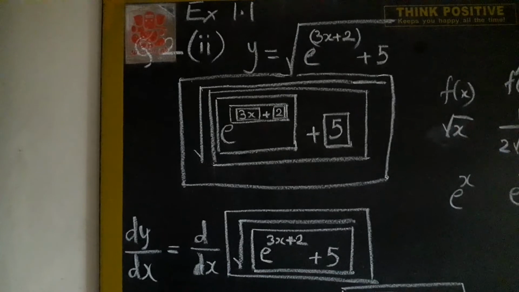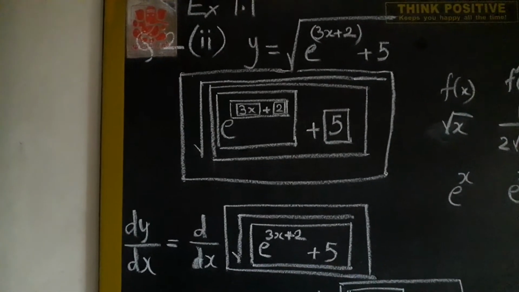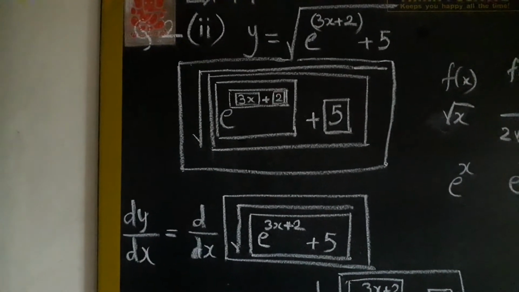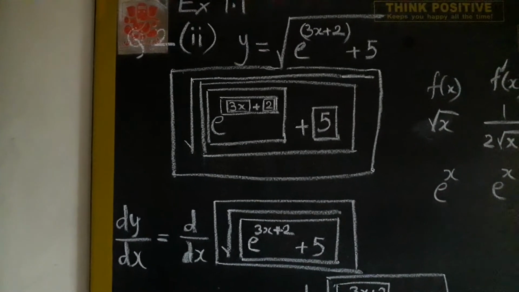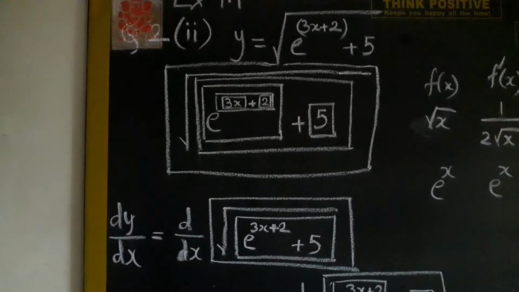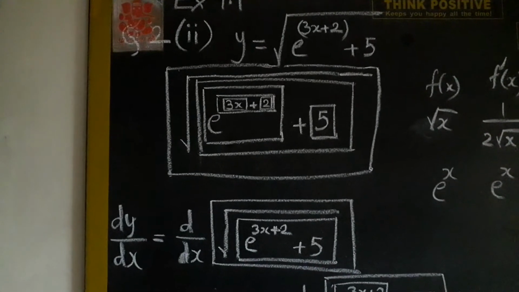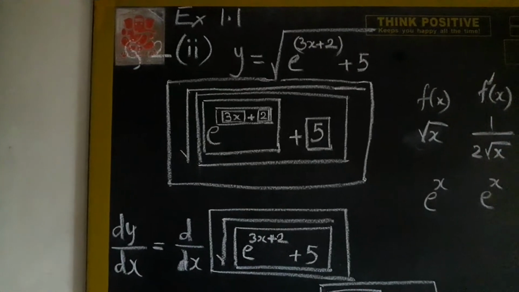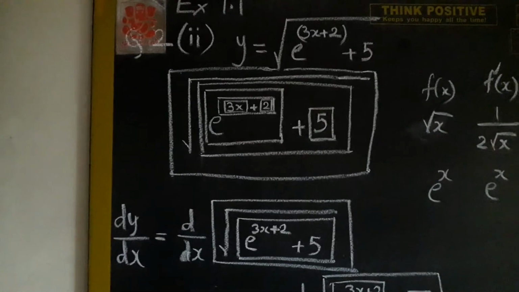So we enclose that also in one more box, plus a separate box where you can find 5. After the addition, there is one more box inside the square root sign, and then we find the square root of the whole box, which is nothing but the value of y.